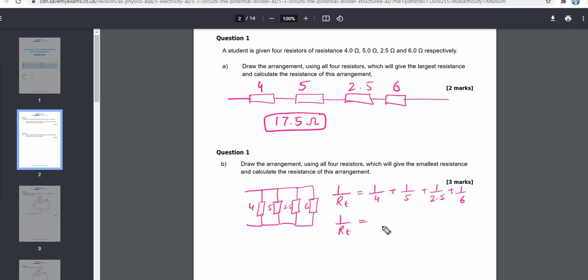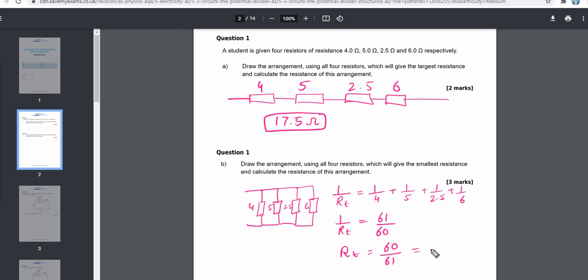So 1 over 4 plus 1 over 5 plus 1 over 2.5 plus 1 over 6. So that would be equal to 61 over 60. But I have to take the reciprocal because I am looking for finding out R total, RT. So RT will become equal to 60 over 61.